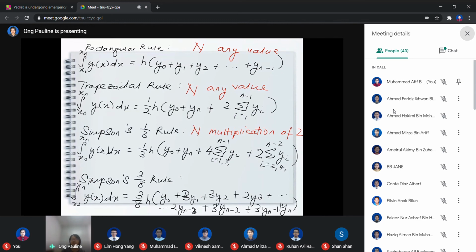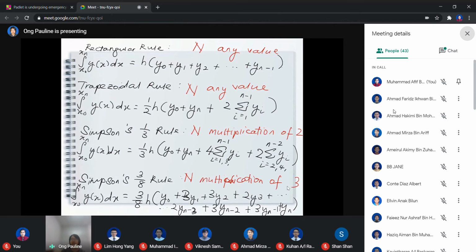For the Simpson's 3 over 8 rule, n must be a multiple of 3, so n shall be 6, 9, 12, 15, 18, and so on. So this is the summary for the first 4 numerical methods that you have been introduced to.